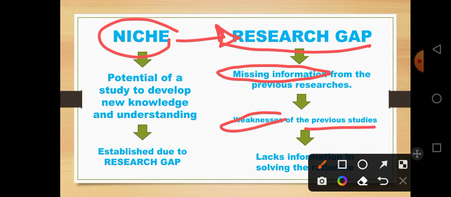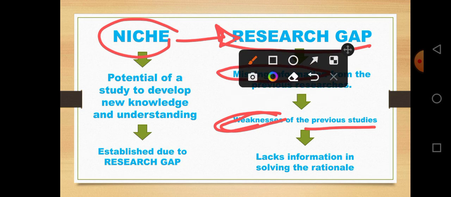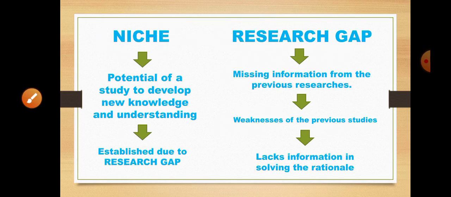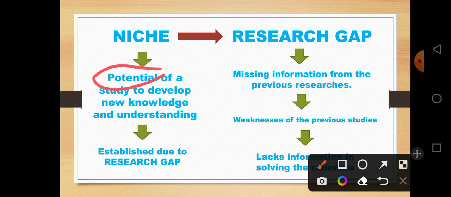There is a need for us to establish a niche in order to bridge the research gap. You must show that your study has the potential to supply the missing information of the previous researches. So this is the concern of Move 2: to provide an opportunity to fill in the research gap.